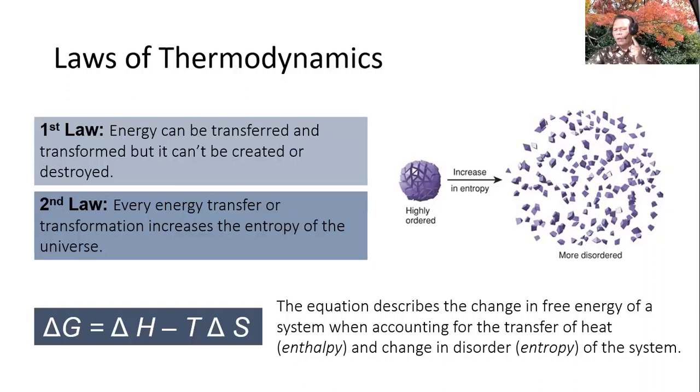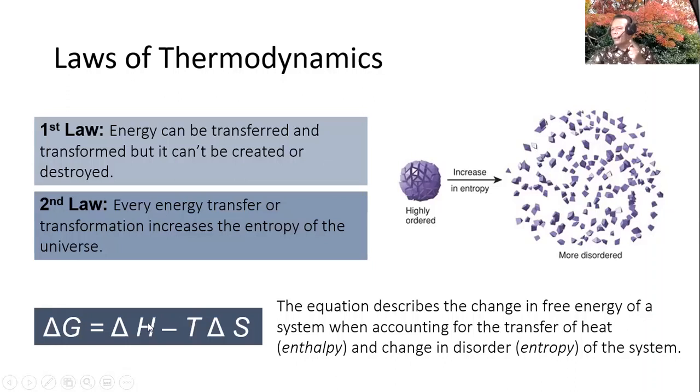The second one is every energy transfer or transformation increases the entropy of the universe. Let's see the equation below. The equation describes the change in free energy of a system when accounting for transfer of heat.